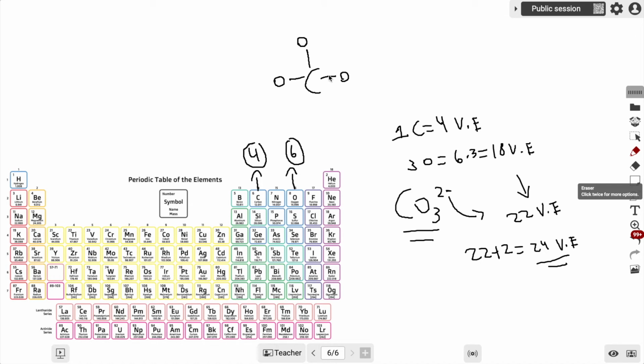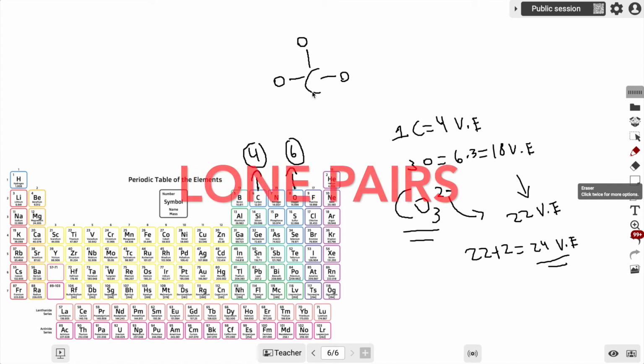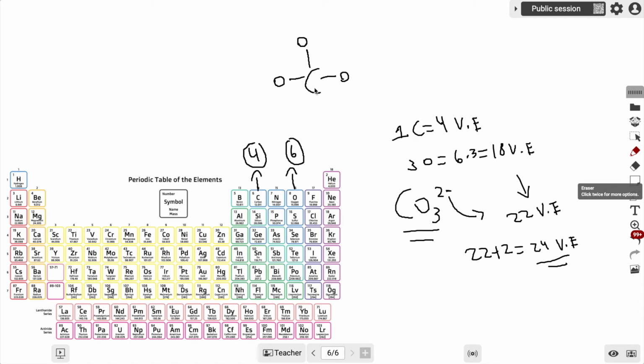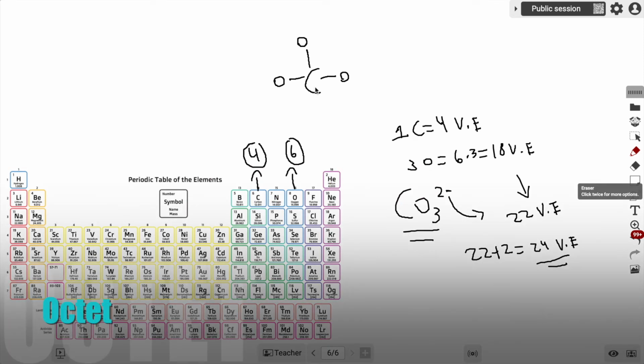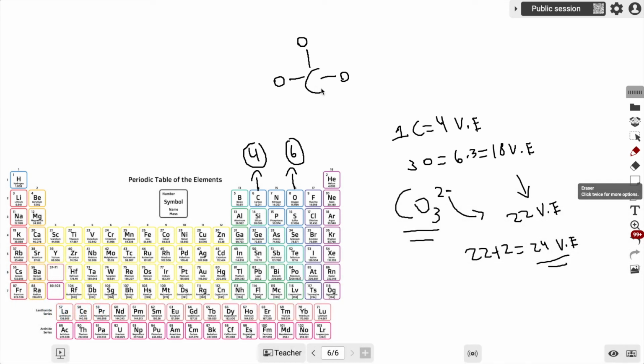So far we have 2, 4, 6 valence electrons, but we need 24, right? Another key aspect to consider here is that when we draw Lewis diagrams and the bonding pairs, we also draw what are called lone pairs. And we draw these lone pairs so that the atom can have a full octet, meaning that the atom has 8 valence electrons.